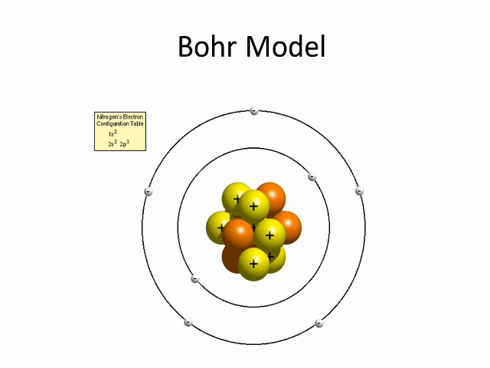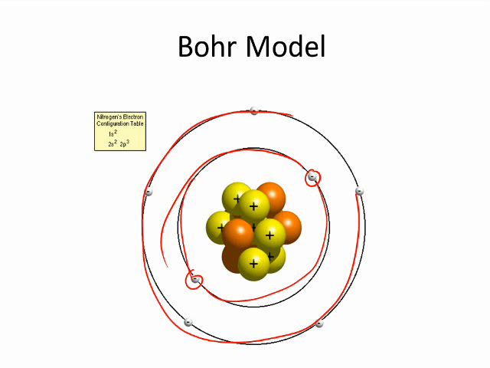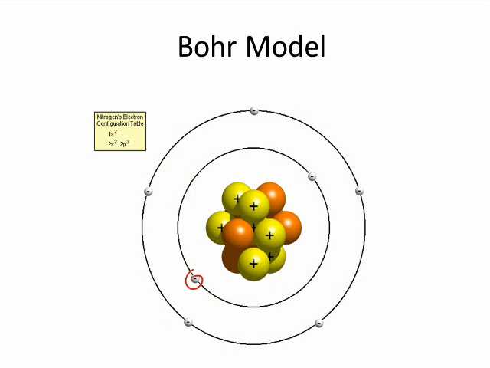So here, the Bohr model, he proposed that electrons are found in circular paths or orbits, also called energy levels. These are specific, fixed distances around the nucleus, and this will explain some of the chemistry.